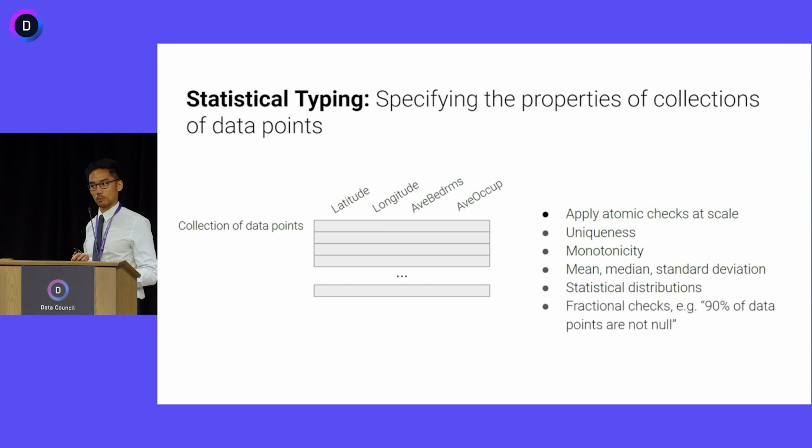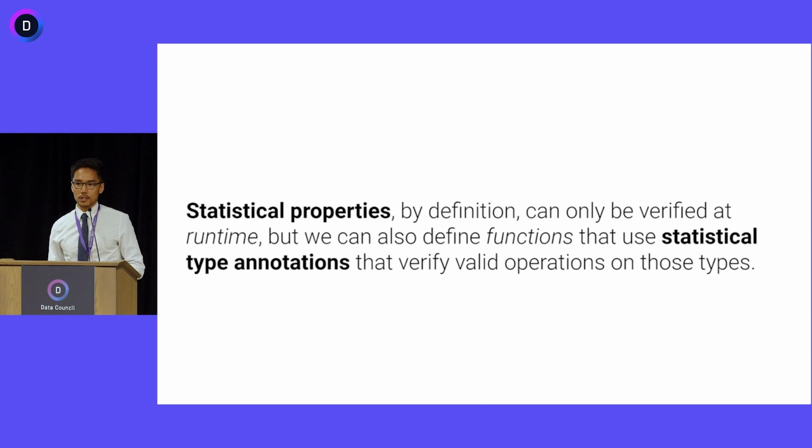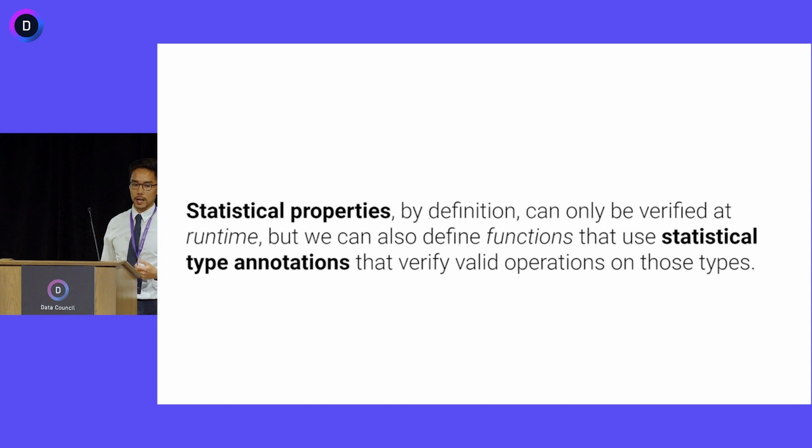Fractional checks to say, I expect 90% of my data to be of some property. And the thing to notice here is that statistical properties, by definition, can only be verified at runtime. I only know whether something is a normal distribution by looking at the actual values.